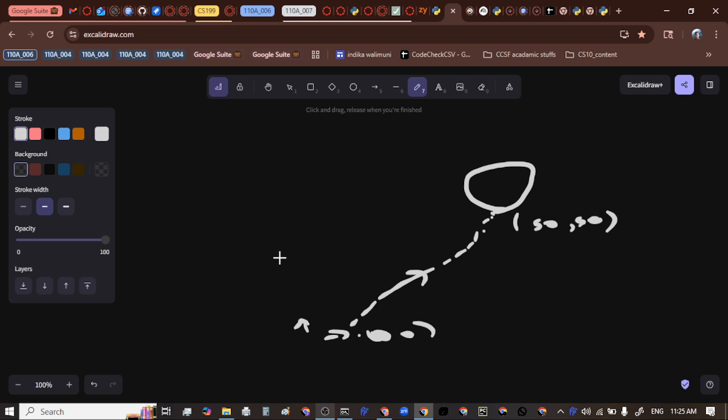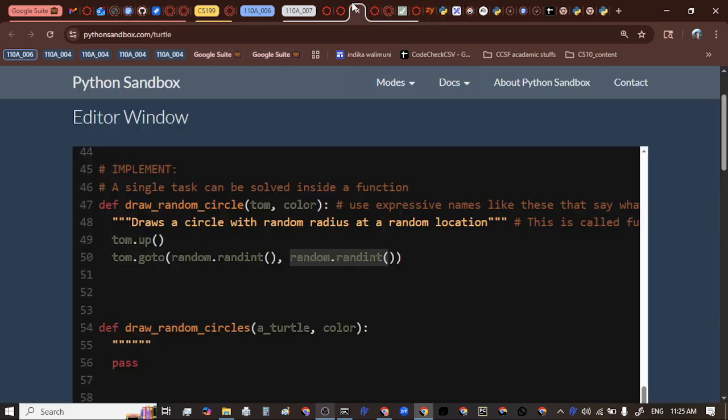So I'm going to use negative 200 to positive 200. So the range is going to be negative 200 to positive 200. And in regards to randint, they are all inclusive. So you can also get 200 randomly, right? They are all inclusive.